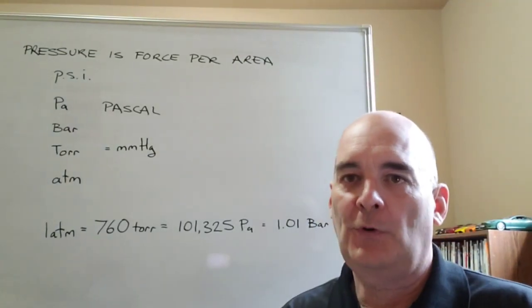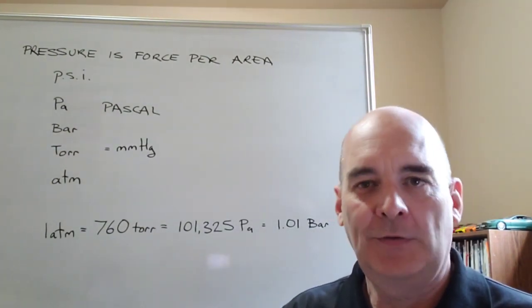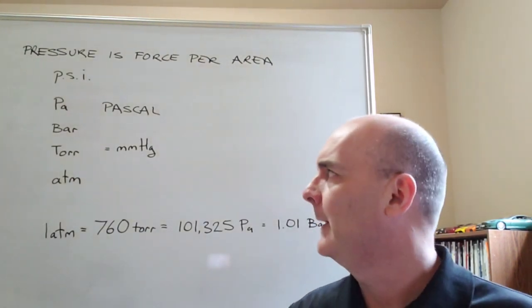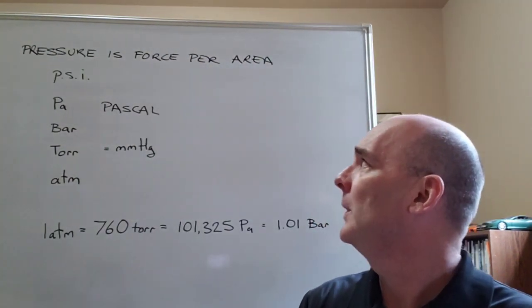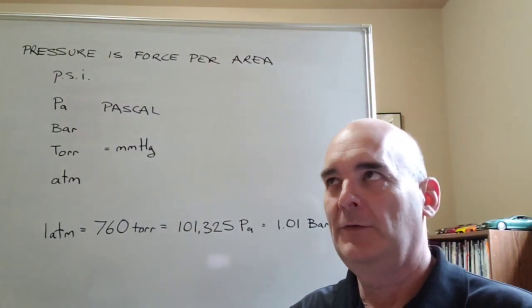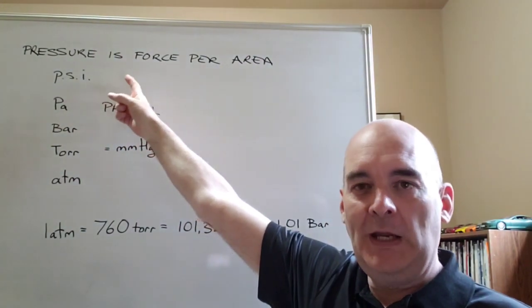Gases exert pressure, and pressure, well, there are lots of different ways of measuring it, lots of different units. Pressure is force per unit area. So something like on the tires of your car is measured in pounds per square inch.